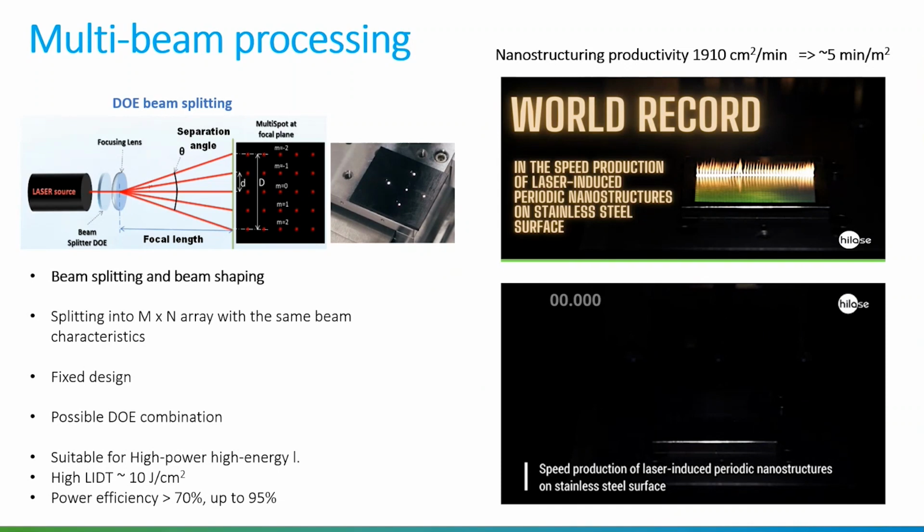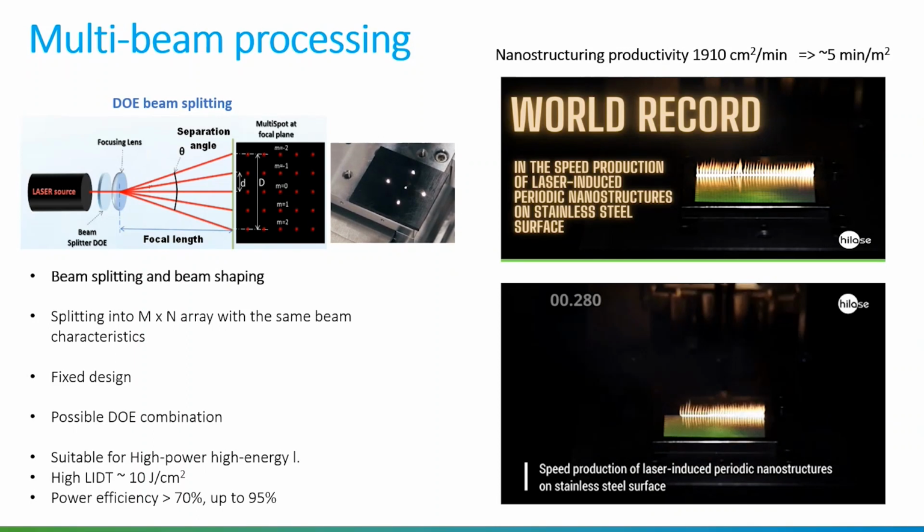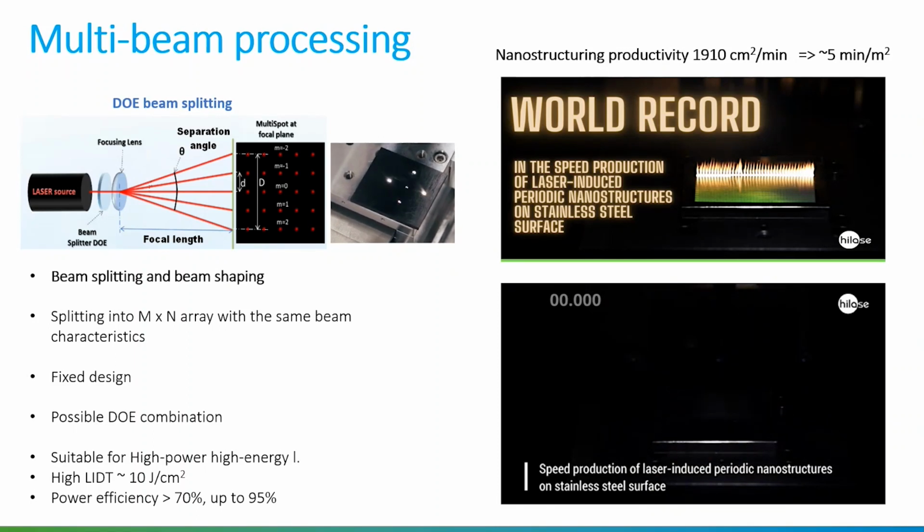It is quite robust. We can use high laser powers, but it has a fixed design. That means if we want to change anything from the laser source to the pattern itself, we have to buy basically a new diffractive optical element. But with this technology, we have quite nice results. You maybe noticed our world records in this field.